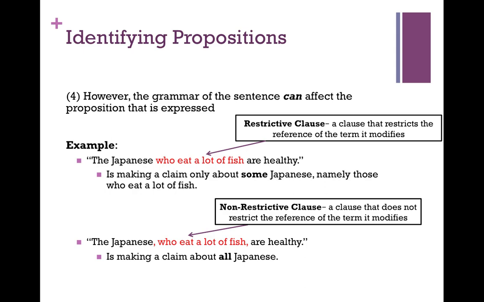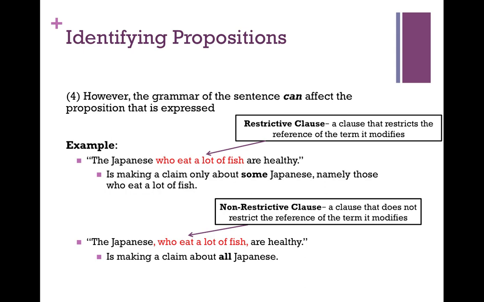In the first sentence, it is restricting the Japanese people we're talking about. In the second sentence, it's not. This is a really important lesson because as we try to figure out what propositions are and are not being asserted or expressed, we have to pay attention to these kinds of clauses.